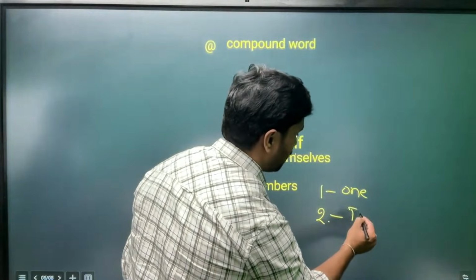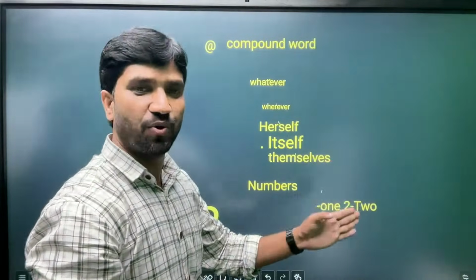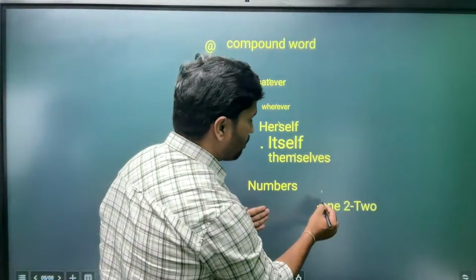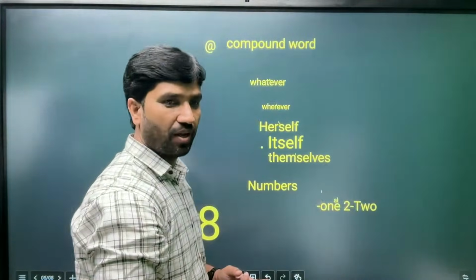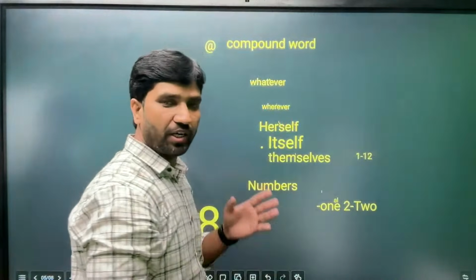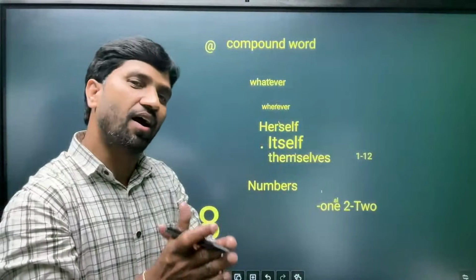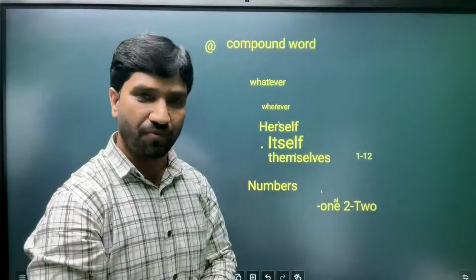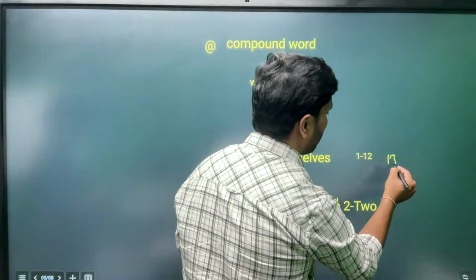How do we write? 2, 3. All these. See, 1, 2, 3, 4, 5. These are called monosyllabic words and at the same time numbers. Stress mark falls on the first. From 1 to 12. Whatever number we convert from number to words, all the words get the stress mark on the first letter of the word.